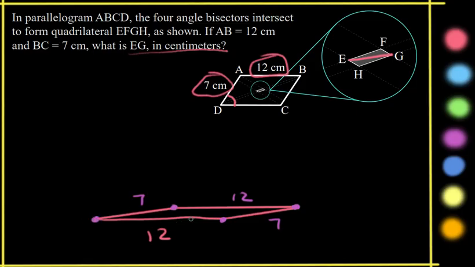But if you think about where the bisectors are, whoops, let's see if I can do this. So the bisector here is going to be very, it's going to be way down in there like that. And the bisector here is also going to be way down in there like that.